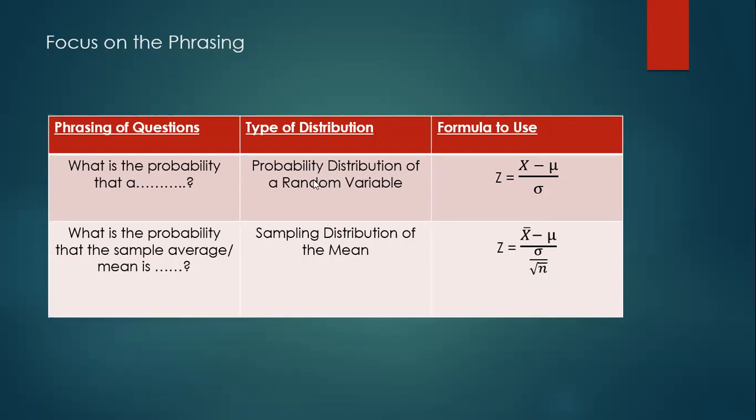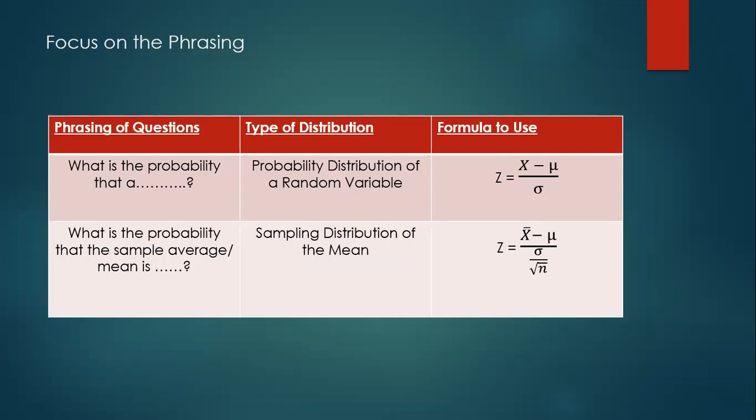So the probability distribution of the random variable is normally dealing with a population. And why do I say a population? Because there is no n. We don't have to account for the sample size. While with the sampling distribution of the mean, we're dealing with some form of statistic and a sample, so we have to account for our sample size.